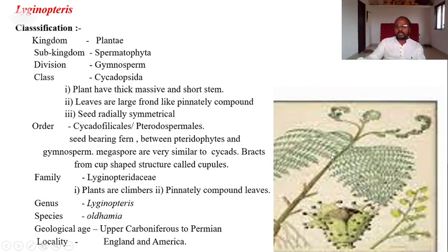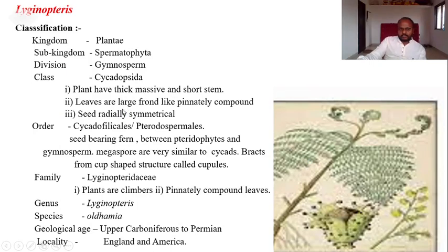First one, that is the classification of the plant. The Lyginopteris plant is classified as kingdom Plantae, subkingdom Spermatophyta, division Gymnosperm, because the seeds are naked, class Cycadopsida.